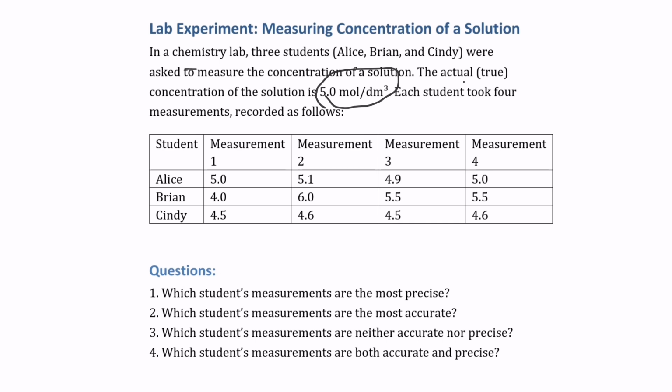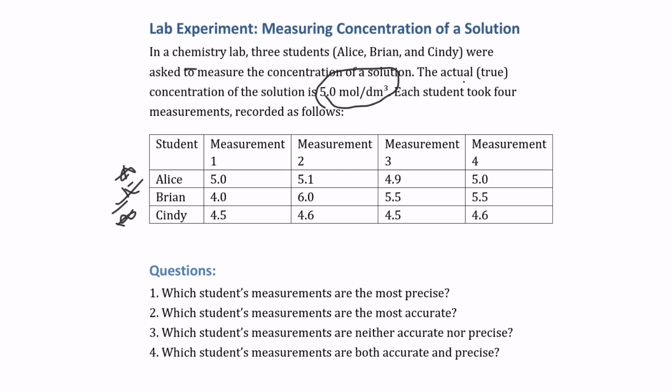Each student took four measurements, recorded as follows. Alice recorded 5.0, 5.1, 4.9, 5.0. Brian recorded 4.0, 6.0, 5.5, 5.5. Cindy recorded 4.5, 4.6, 4.5, and 4.6.